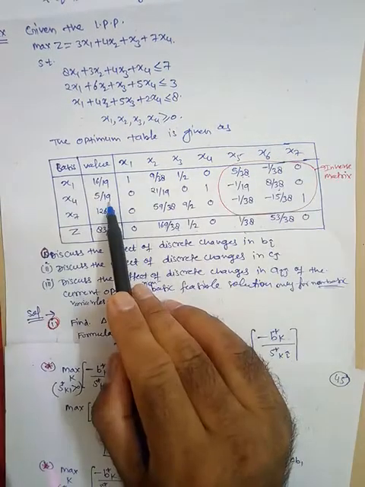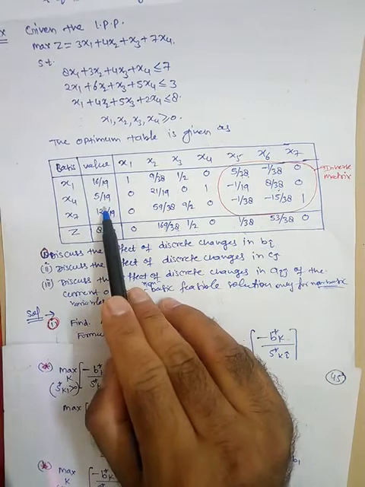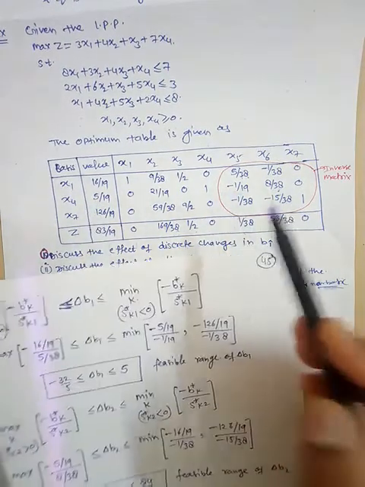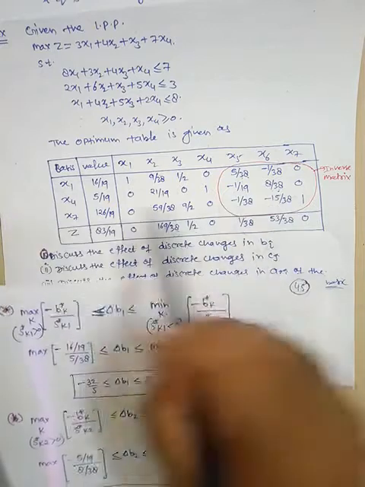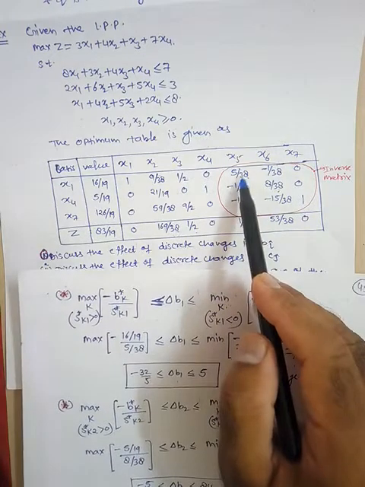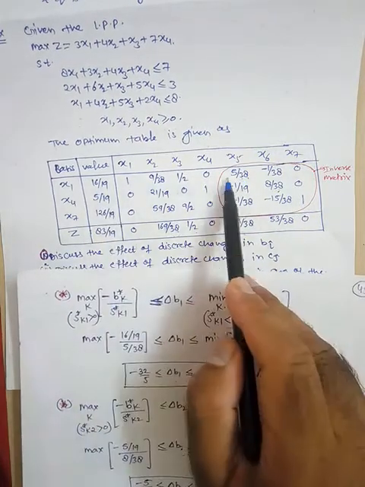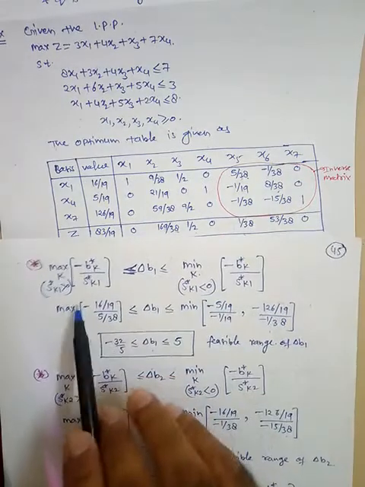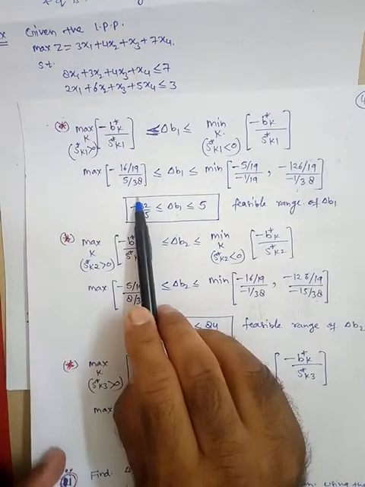This is b star k. So the ratio of 5 by 19 divided by minus 1 by 19, multiplied by the minus sign, will come here. Similarly minus 126 by 19 divided by minus 1 by 38 will come here. And the positive ratio 16 by 9 divided by 5 by 38, multiplied by the minus sign, will come here in the maximum.